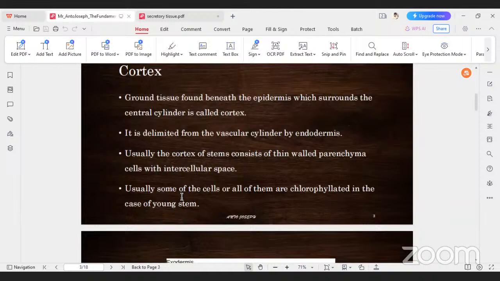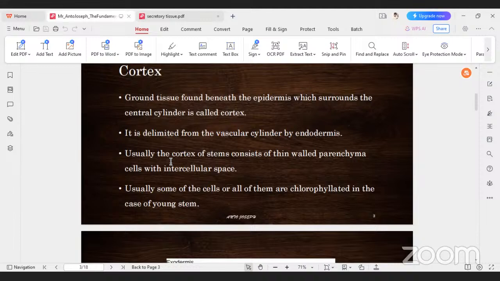Cortex tissue, first of all, in ground tissue, first the cortex. It is beneath the epidermis and surrounds the central cylinder, called the cortex. It is delimited from the vascular cylinder by the endodermis. Right, by the endodermis, vascular cylinder, all stele.